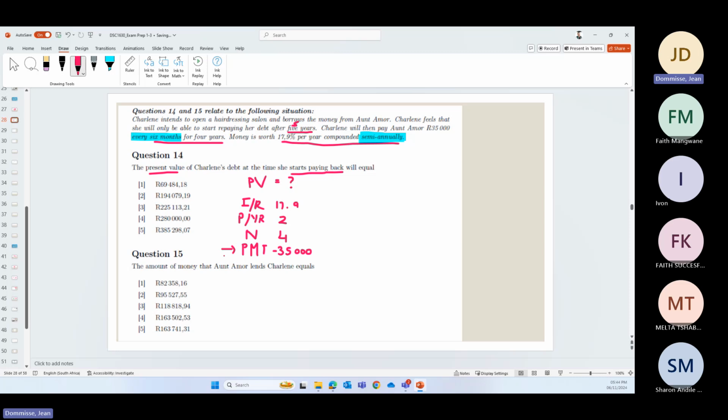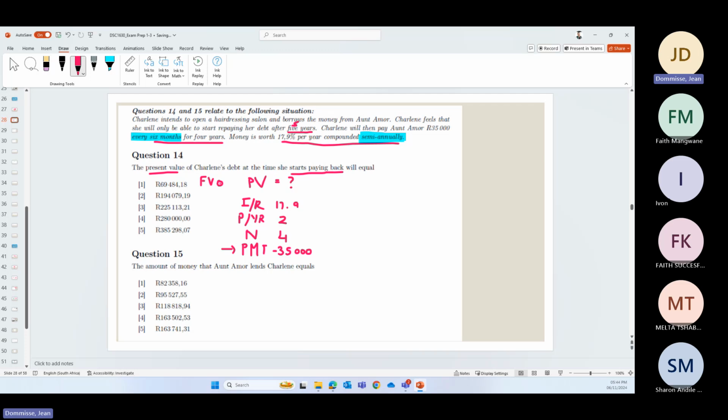What I normally include, and I do it for my own sanity, is a future value of 0. If there were any other calculations that I made that my calculator does not remember, you can also clear before you do the next sum, just so that we don't make a mistake.